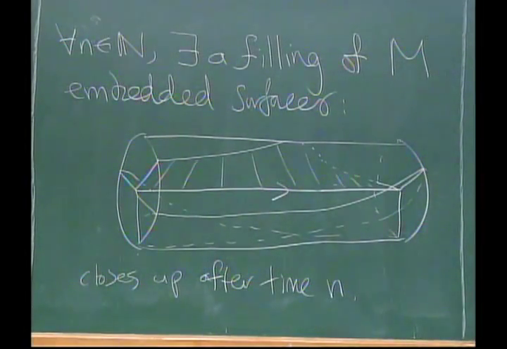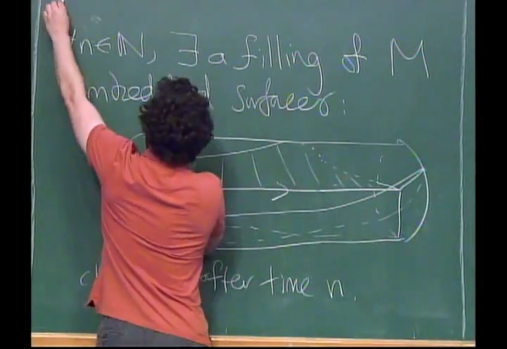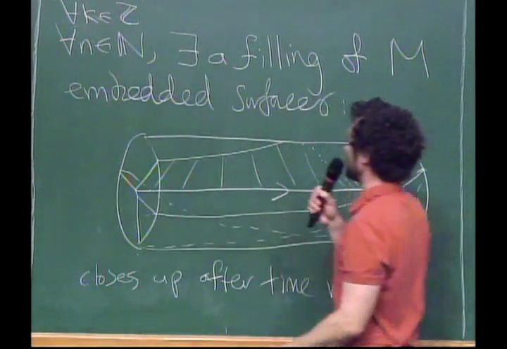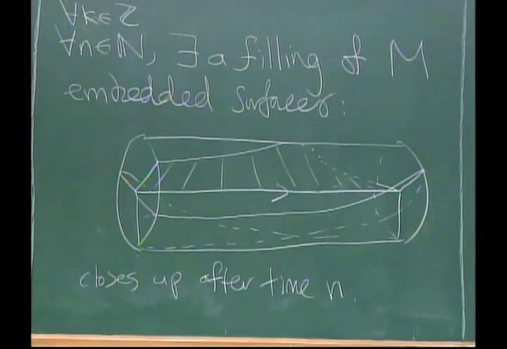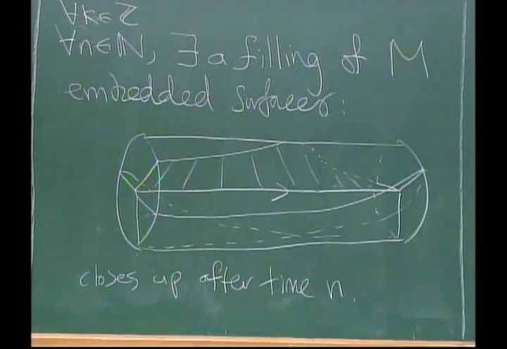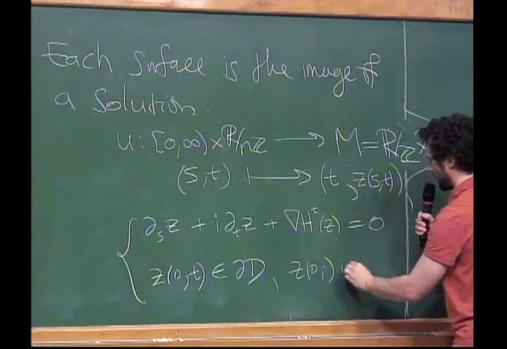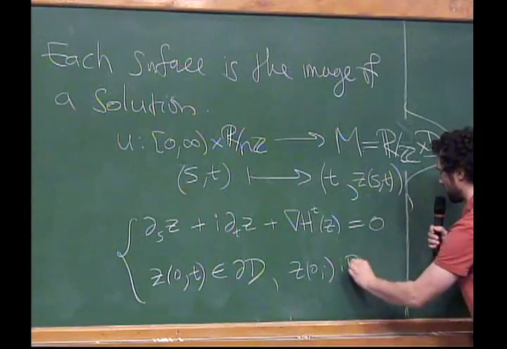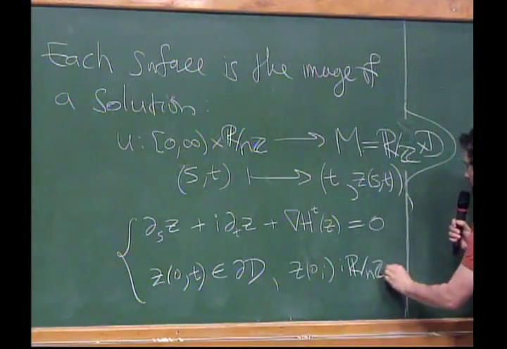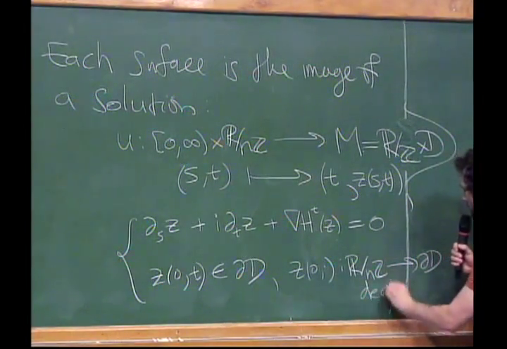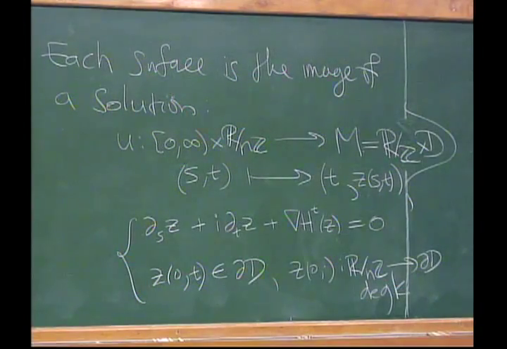So you could actually say at the very beginning, for all k, now could be negative, you could arrange that this is filled by solutions like this, where this map z(0,·) has degree k. So this is a map from R mod nZ into the boundary of the disk, with degree k.